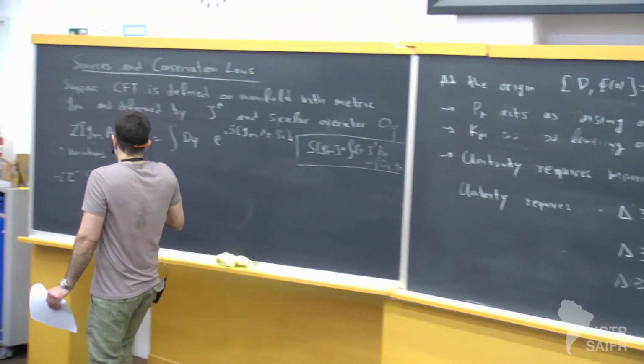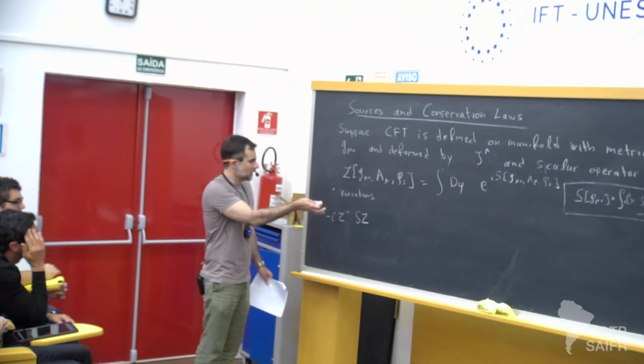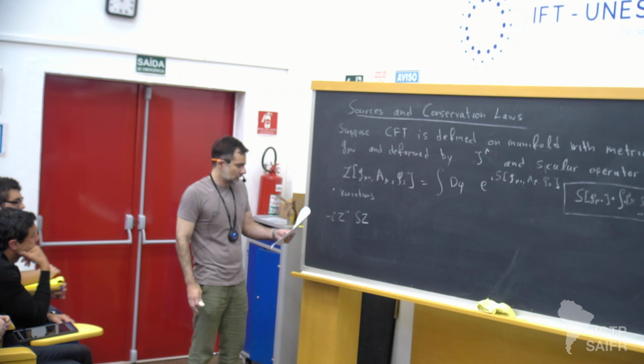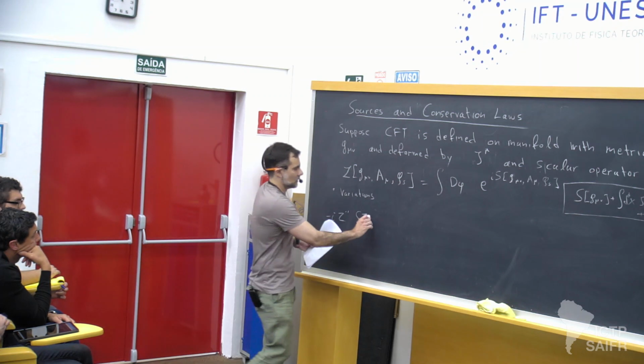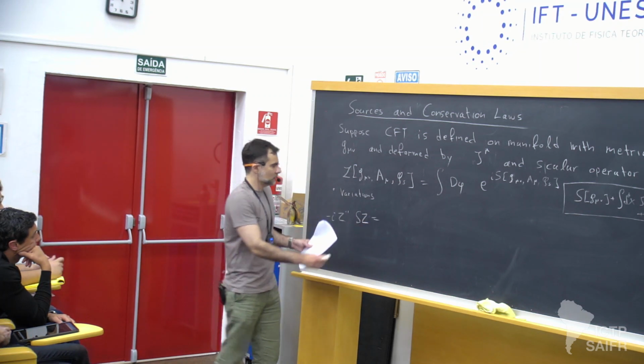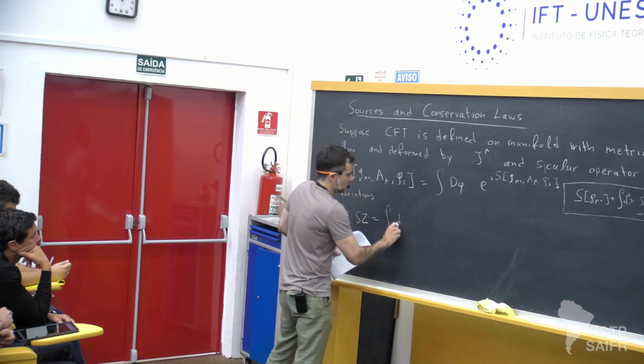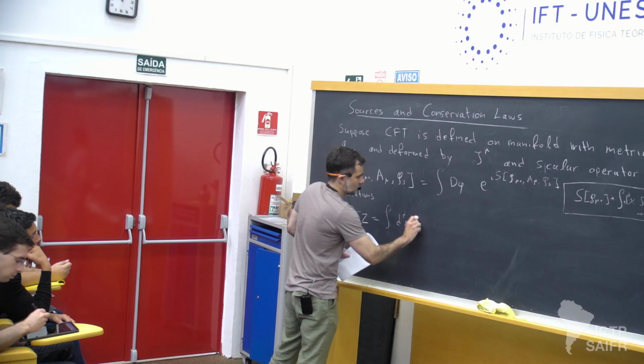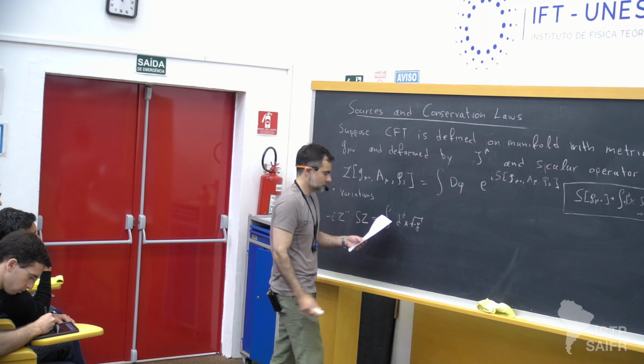So if I vary this in general with respect to the sources, then what I will get is an integral of root minus g.